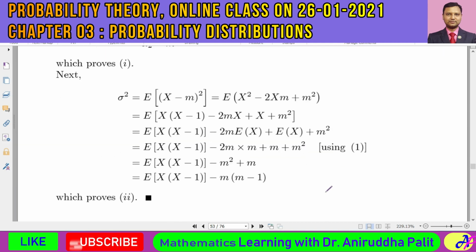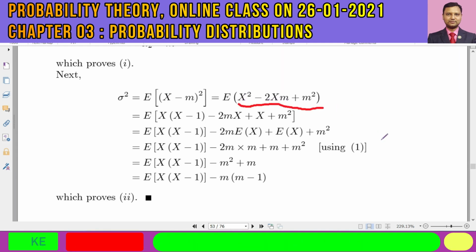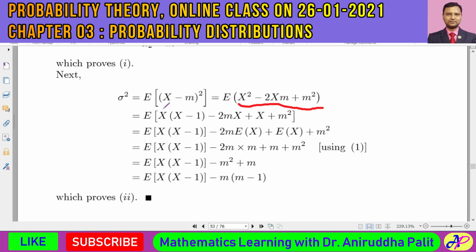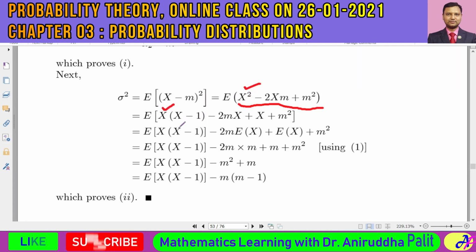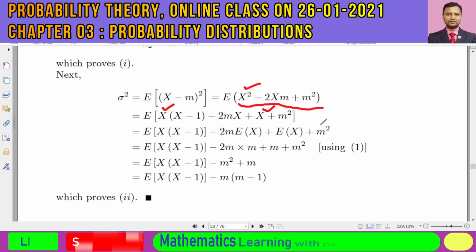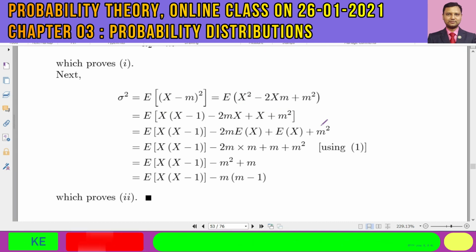That is a matter of one line. Sigma square, this x minus m whole square, we binomially expand it in this way, and after that you just adjust x into x minus 1. In place of x square, this is now adjusted to x into x minus 1, and afterwards one more x has been added over here in order to balance the x.